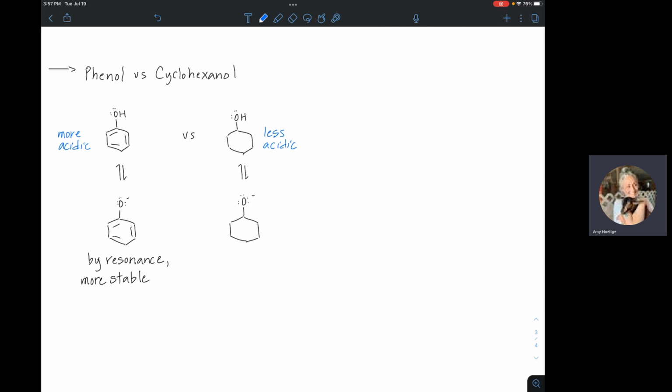So what does that mean for us? It means that phenol will make a poor nucleophile. The electrons aren't necessarily as available to attack an electrophilic site on another molecule. It's more acidic than cyclohexanol, right? So cyclohexanol can be used as a nucleophile. It can be used as a weak nucleophile, but not as weak as phenol.